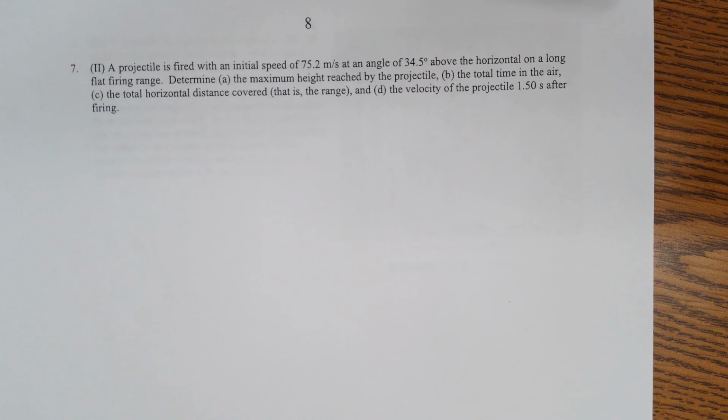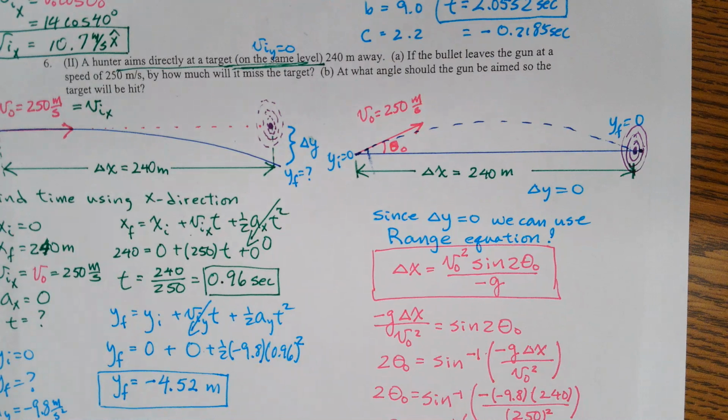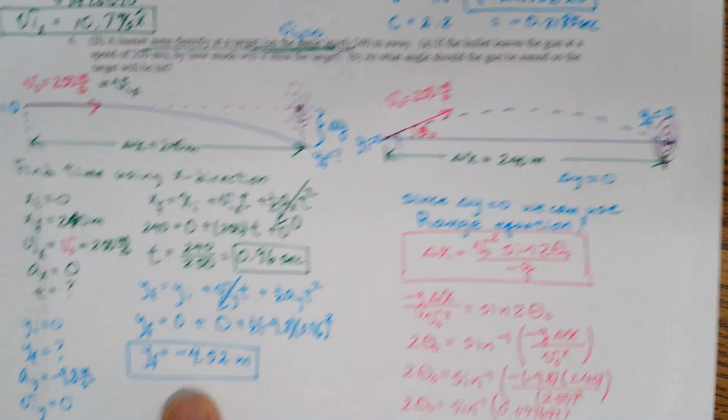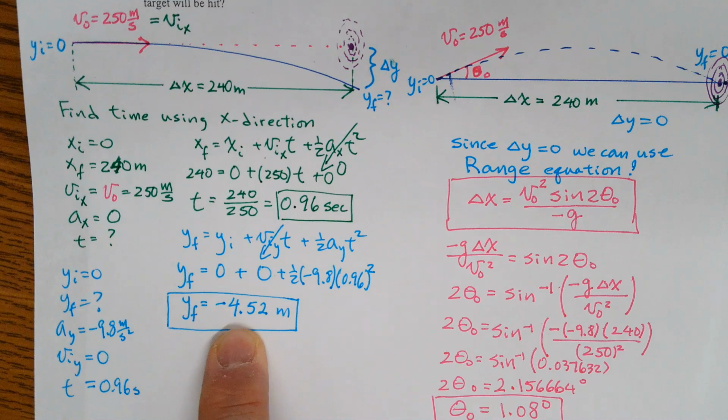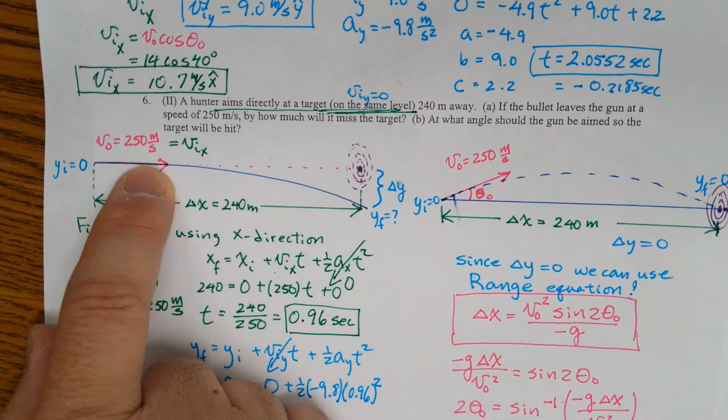All right, here we go. Mr. Kim? Yes? Sorry, I had a question about the 6 problem. Yes. So, like, over there, you said that y final equals 0, but we found the value to be negative 4.52. This right here? Yes. This is if you are aiming the gun at 0 degrees.